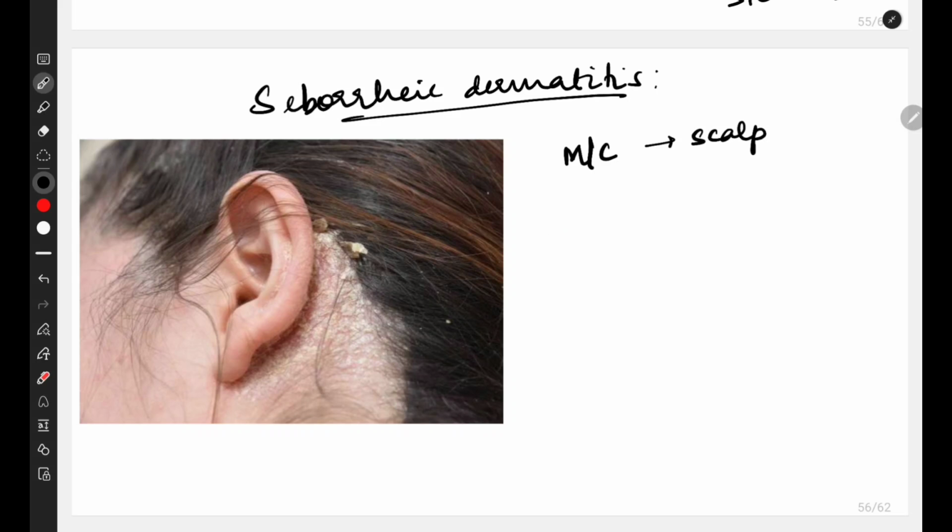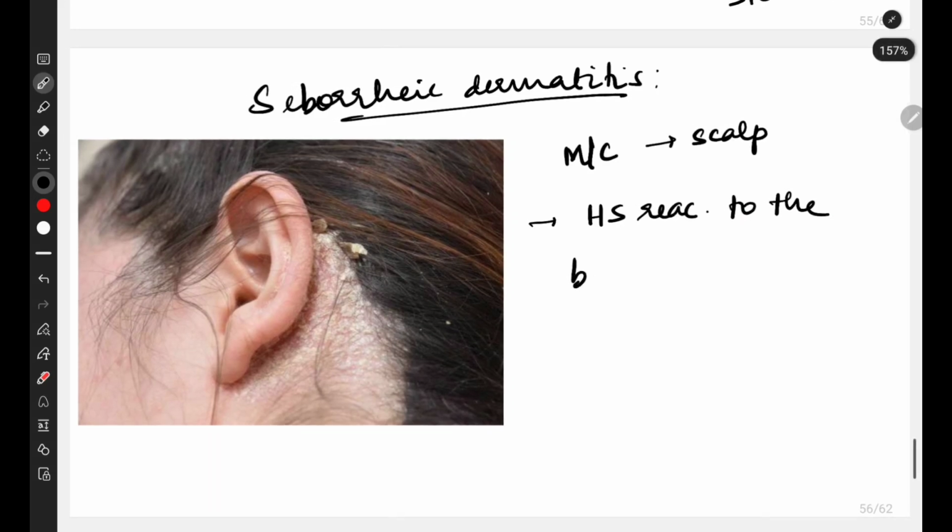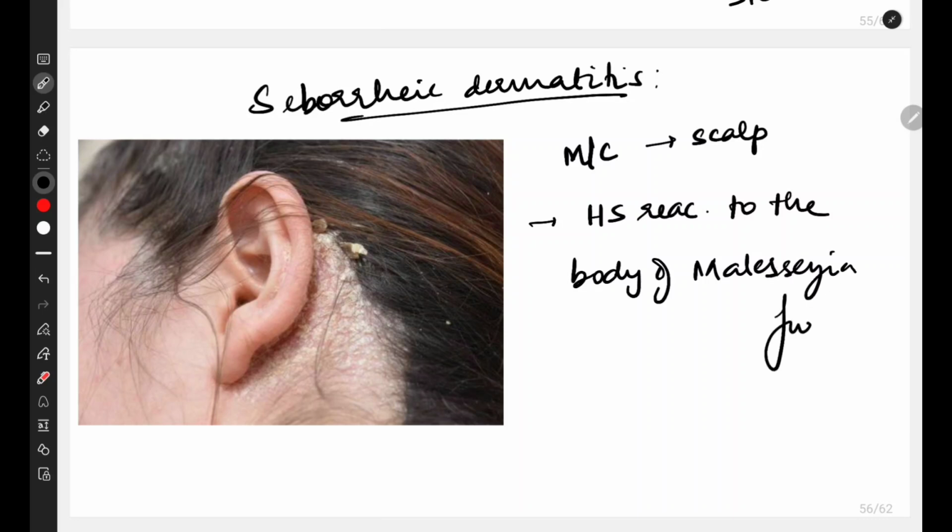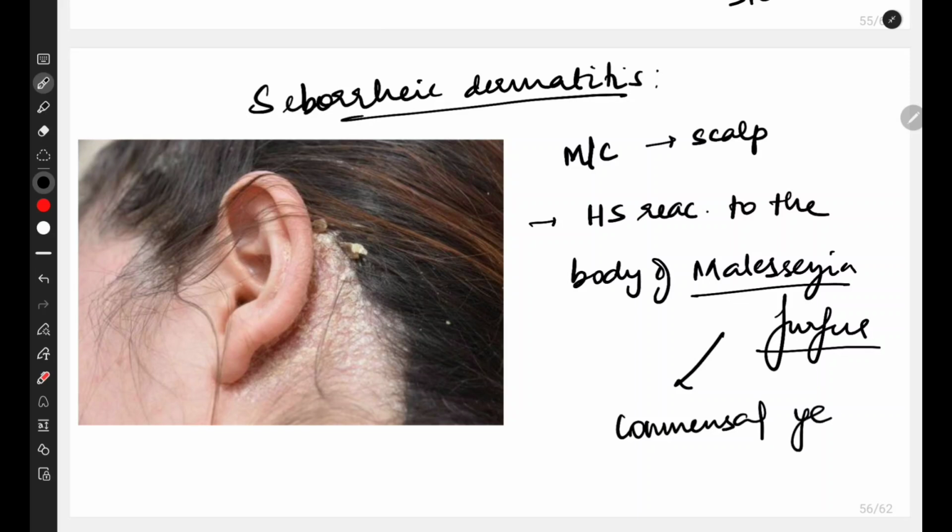It is due to a hypersensitivity reaction to Malassezia furfur. This Malassezia furfur is a common commensal yeast.